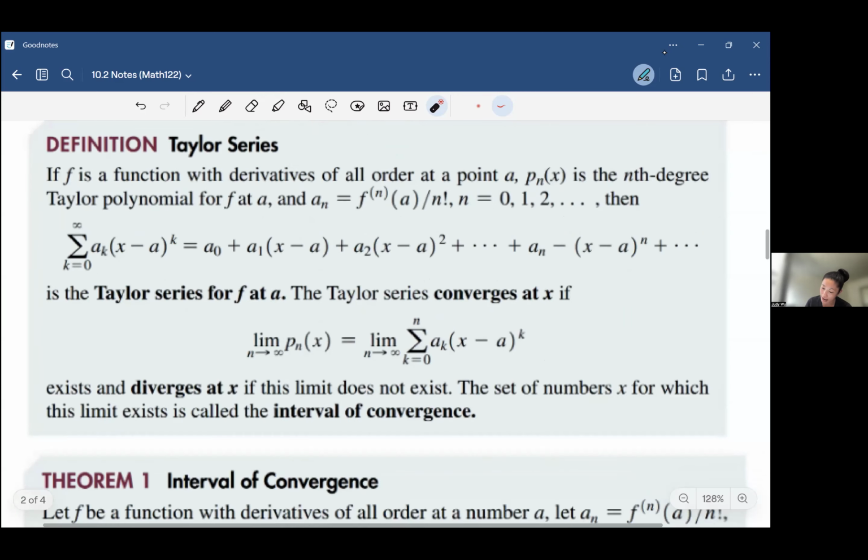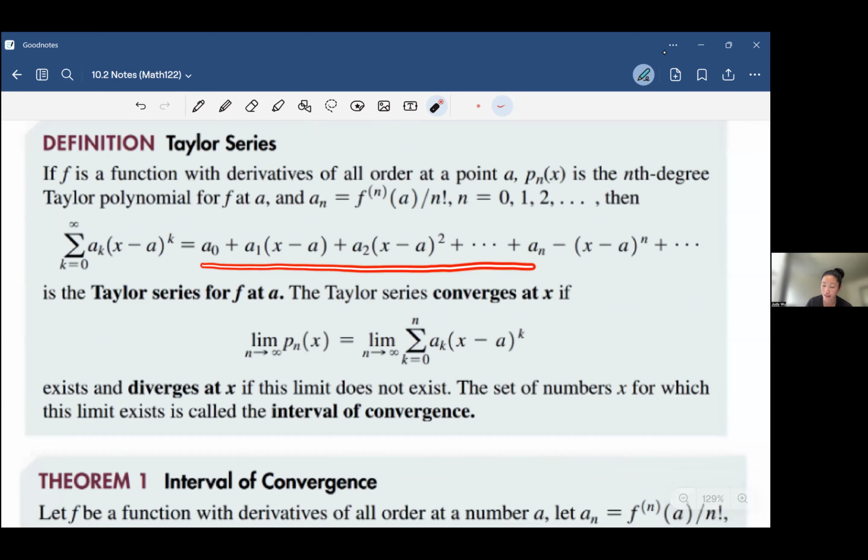And so if we were to add up all the terms, we might get something like this, but I want to highlight one particular part of this, okay? Our a sub n, this actually should not be a minus, but it should be a times. Okay, so that's a little typo from your textbook.